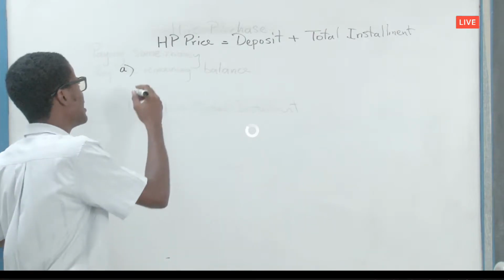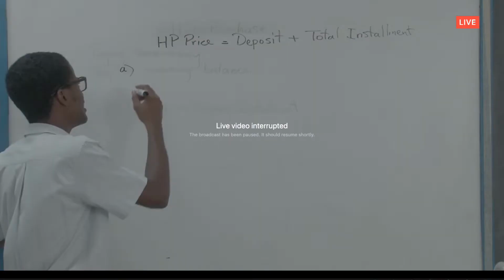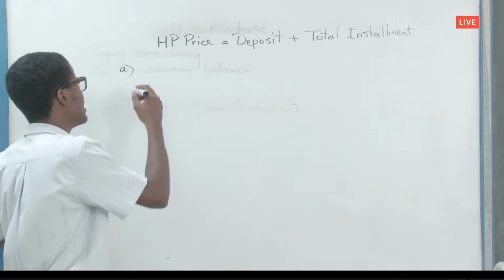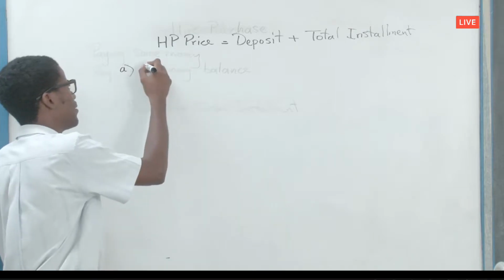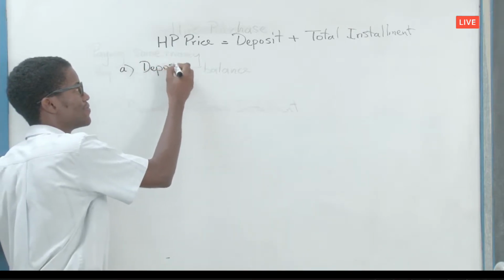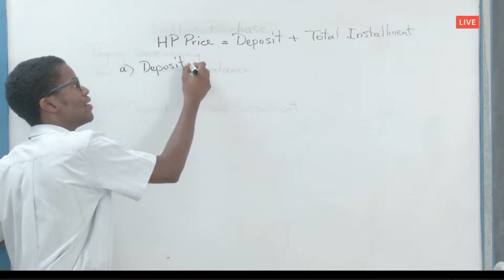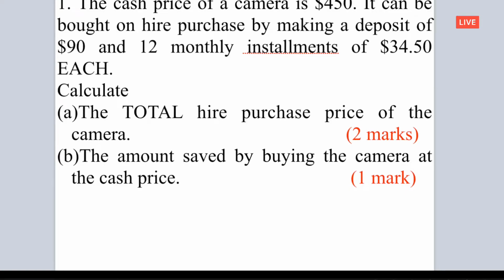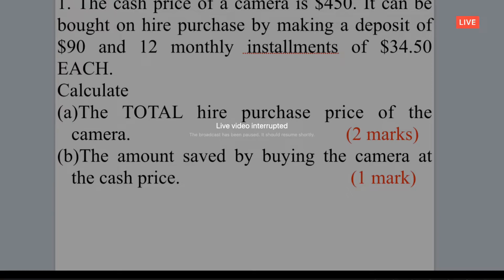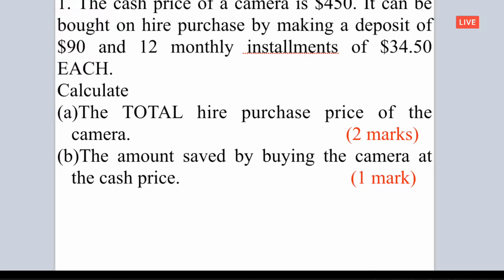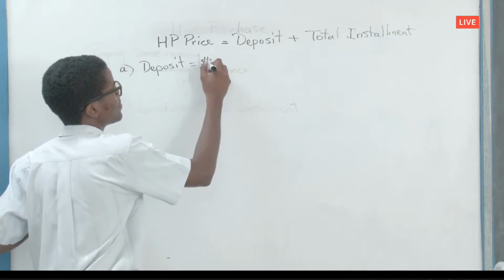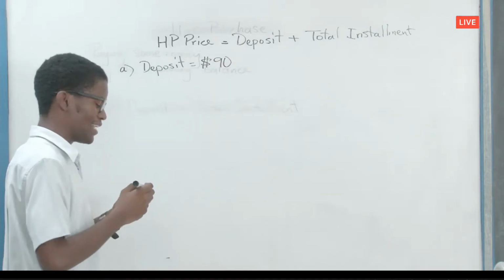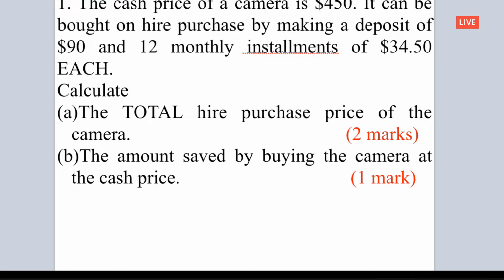How much is our deposit, class? How much is our deposit? $90. Excellent. You guys are paying attention. Well done. Now we need to find out about the total installment price.